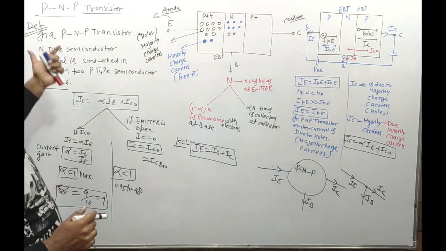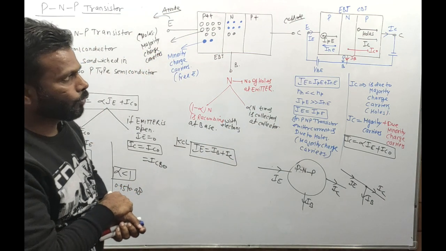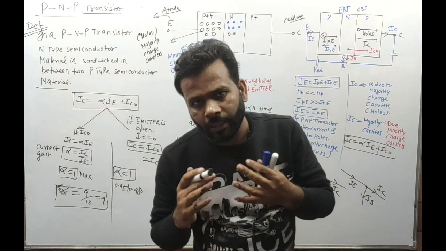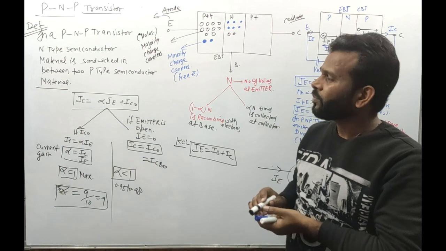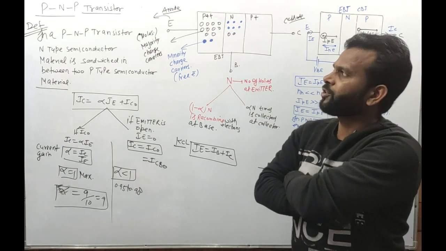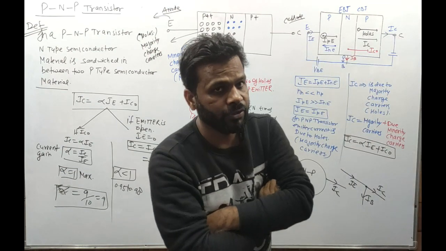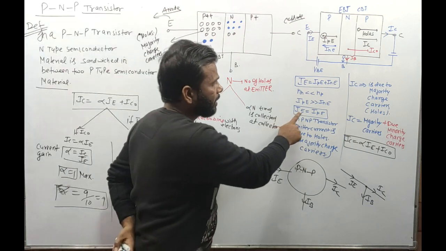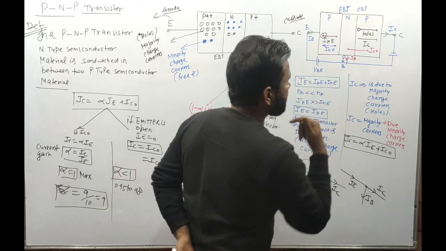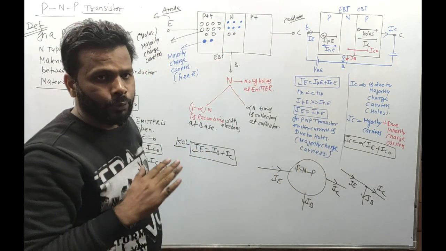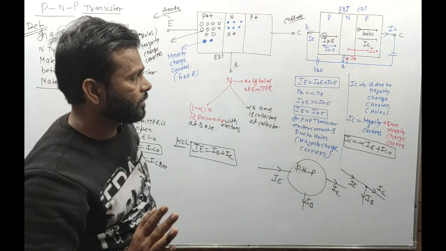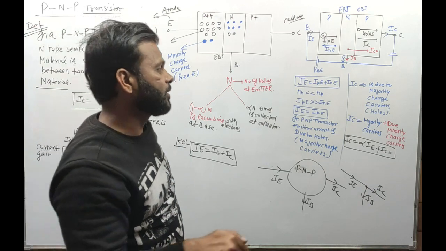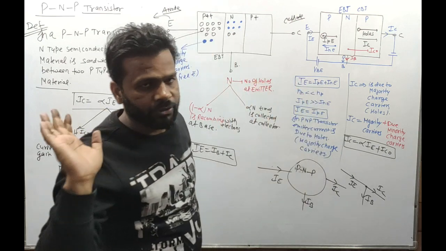So I hope that in the PNP transistor you have understood many things. If I talk about the conclusion, we have two types of transistor, PNP and NPN. In case of a PNP transistor, the emitter, collector and base currents are all due to the diffusion process, and all are due to the majority charge carriers, which are the holes in a PNP transistor.